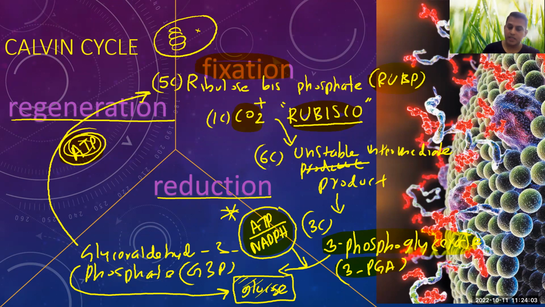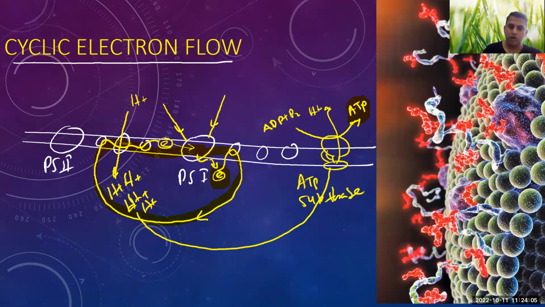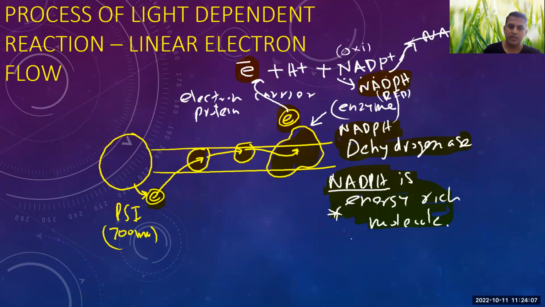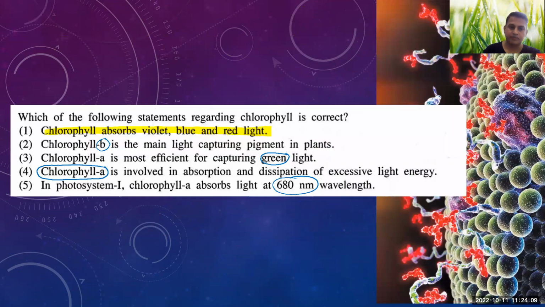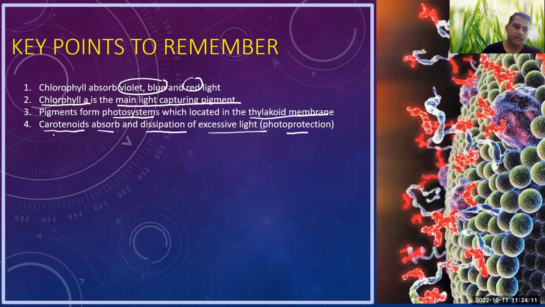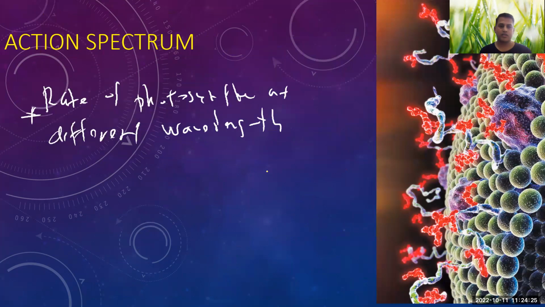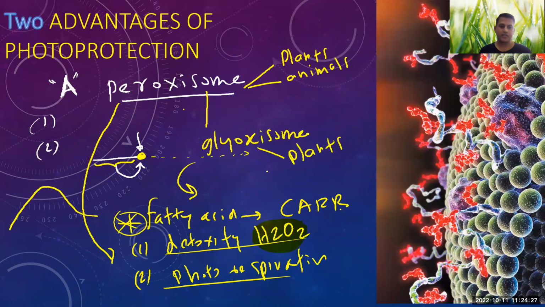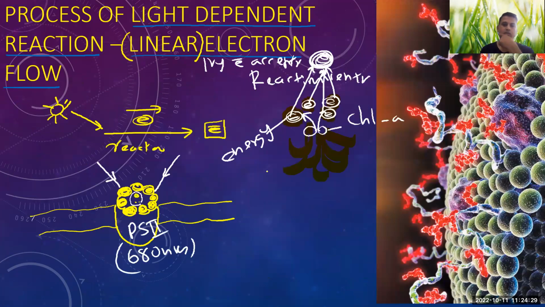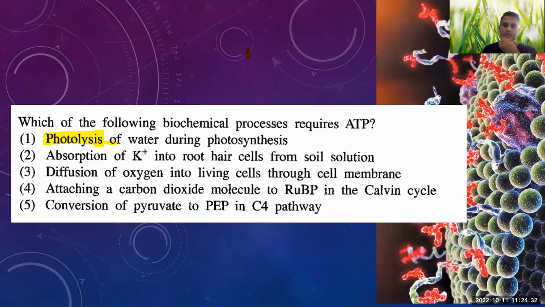Now you can see, so far we have learned photosynthesis as one reaction: carbon dioxide and water give glucose and oxygen. Now we have seen this one reaction is not simple. It is the result of many reactions like this.